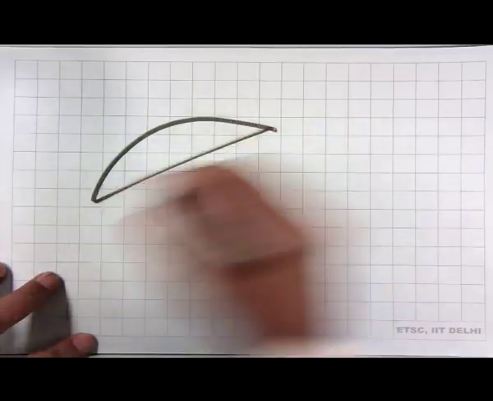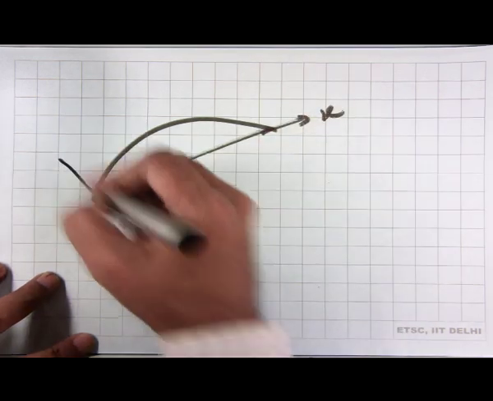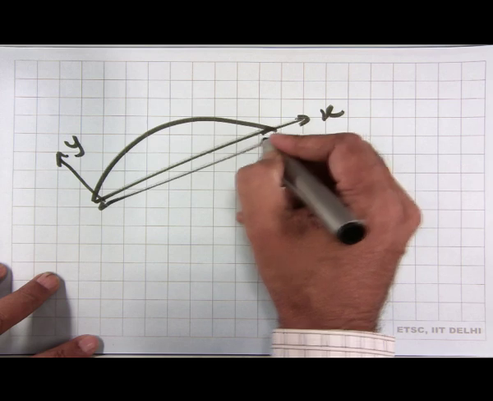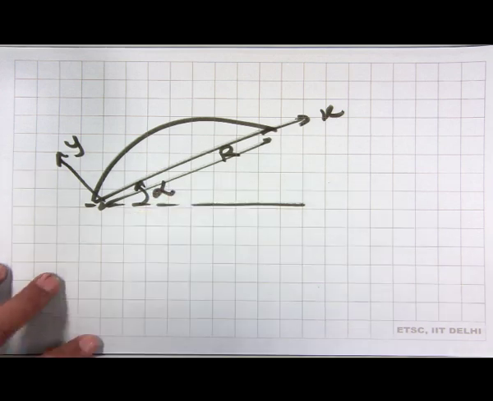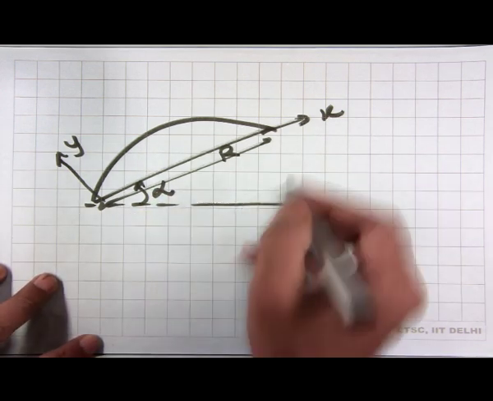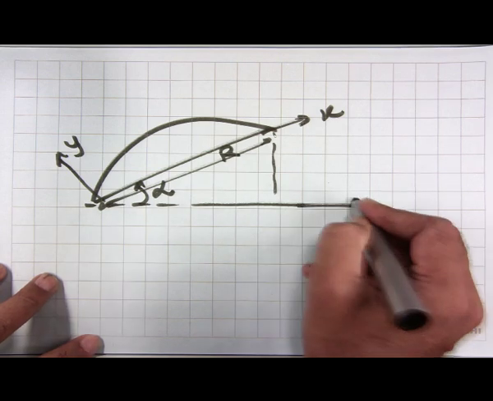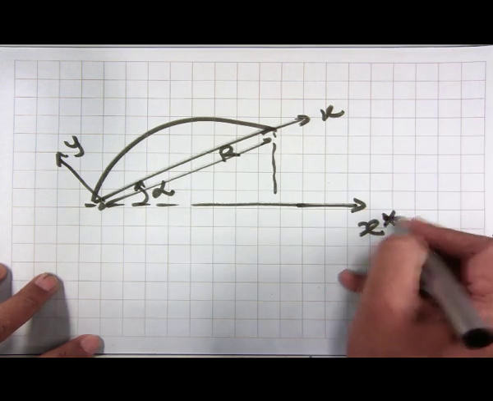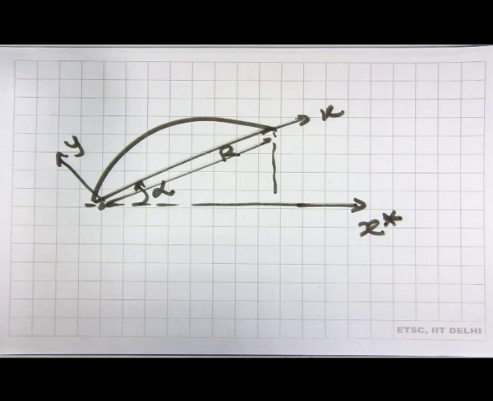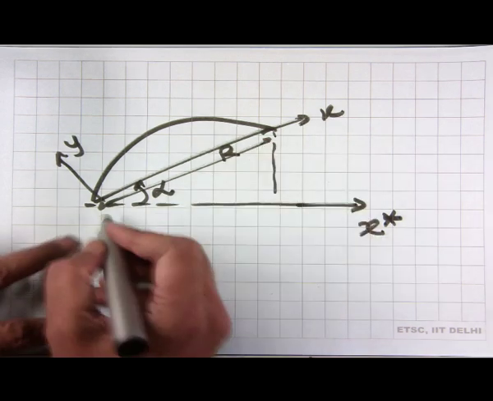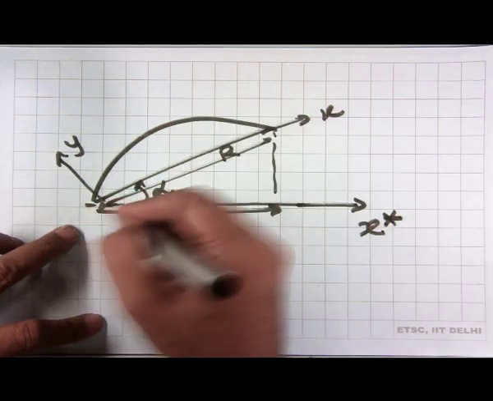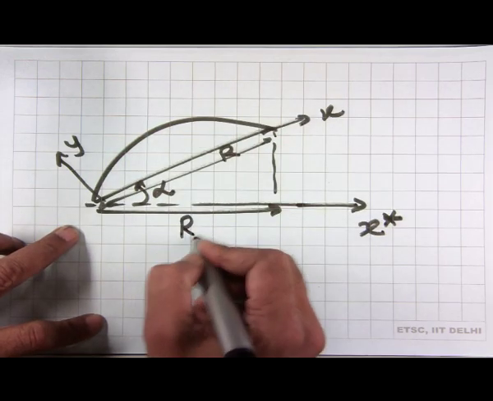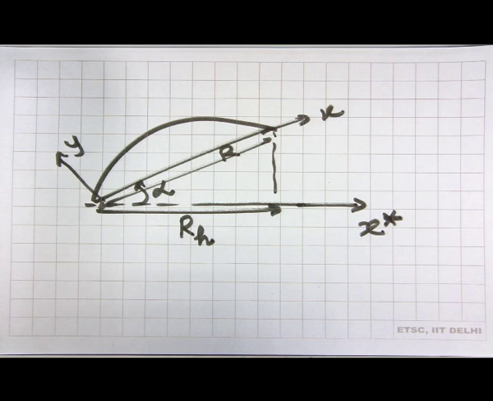So, let us draw this picture again. This was x, this was y, this is what we are looking at, the range, and this angle was alpha. Now, let me call the horizontal direction x star. Let the horizontal distance travelled when the projectile goes a distance r be r sub h.